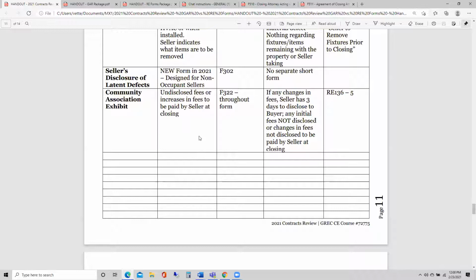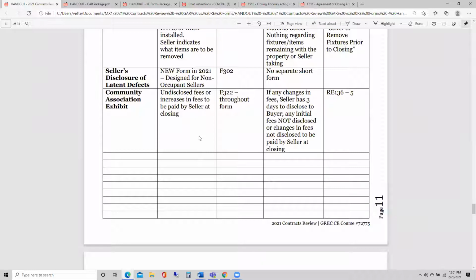And it's not that we're trying to punish any sellers out there. It's just that a lot of these associations, the only one they will disclose these fees to are the sellers. They will not disclose a lot of these fees to the buyers or to either agent. So it is incumbent upon the sellers because that's the only way to disclose those fees.